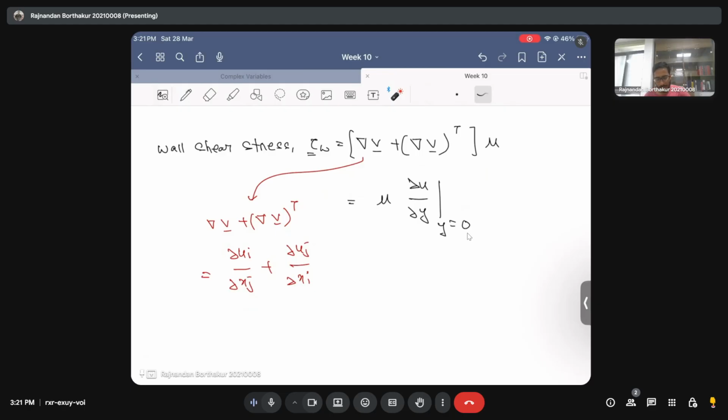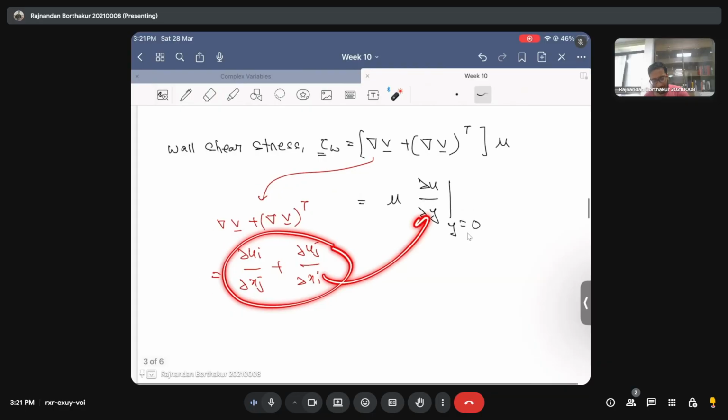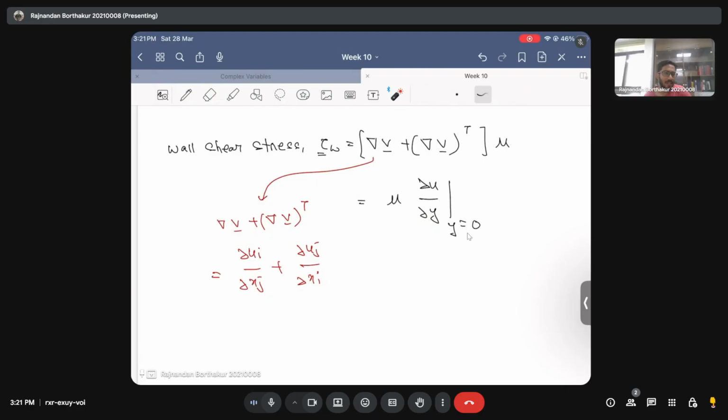But this simplifies to del u by del y because of the very nature of the velocity profile that we have. For example, if we had a three-dimensional velocity profile containing u, v, and w components of velocity, and each component had variations along x, y, and z, then this relation won't be so simple. Then you need to calculate the entire matrix of the stress tensor. So just bear it in mind.